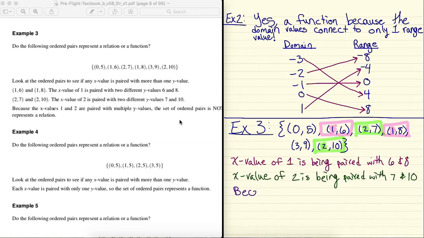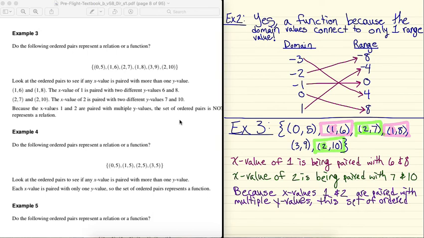So because of these x values, 1 and 2, are paired with multiple y values, this set of ordered pairs does not represent a function.